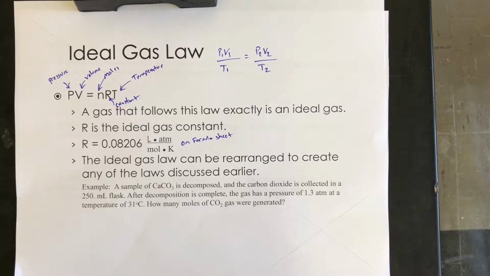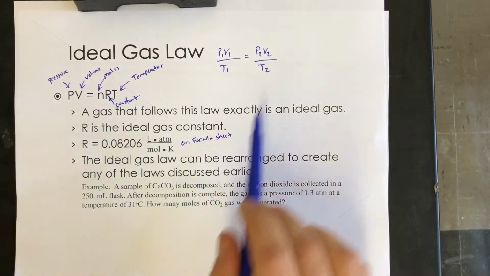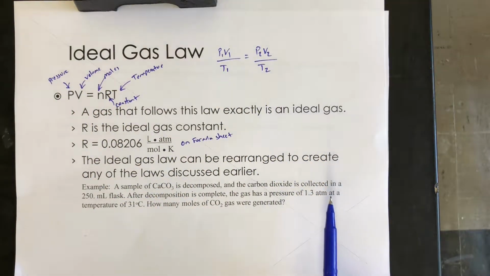The other thing to say about the ideal gas law, before we look at how it's actually used, is to understand how this formula can be used to find the combined gas law. The combined gas law isn't given to you on the AP formula sheet, so you can either memorize it or you can understand how to figure it out from the ideal gas law.